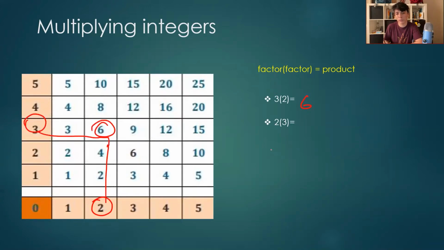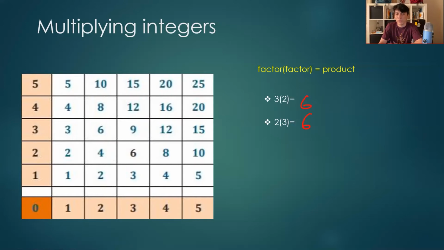They also cross at 6. What I want you guys to recognize is not the answer to these factors. I just want you guys to recognize that when we multiply a positive number by another positive, we get a positive answer. So positive times a positive equals a positive.